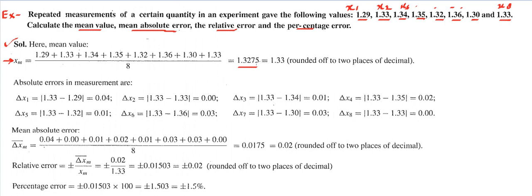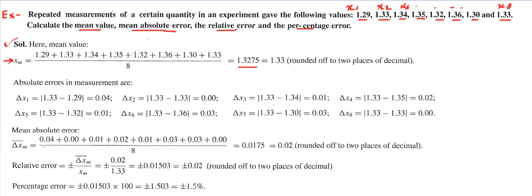So after rounding off we are going to represent it as 1.33. That means the 2 has to be rounded off, and since 7 is more than 5, we will make it a 3. For 2 places we are rounding it off. The point is, we can find the mean value if this kind of observations are known to us.